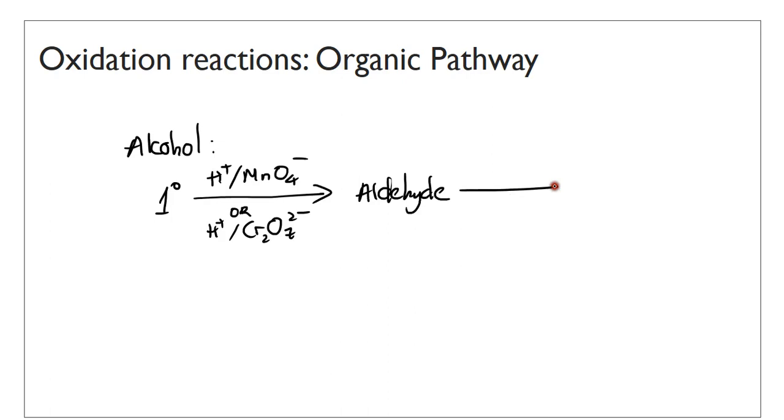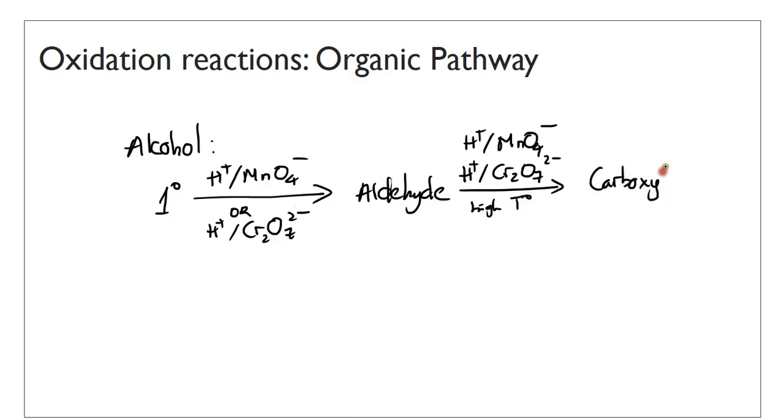If the process continues, let's just write it on top here. Now, most of the time, if you want to go from alcohol to carboxylic acid, you just need to wait a bit longer, or you can increase the temperature of the mixture, so you speed up the reaction. You can have high temperature, and the aldehyde doesn't require that. Then eventually it's going to turn into a carboxylic acid. So that's primary alcohol. I'll write the word primary out.